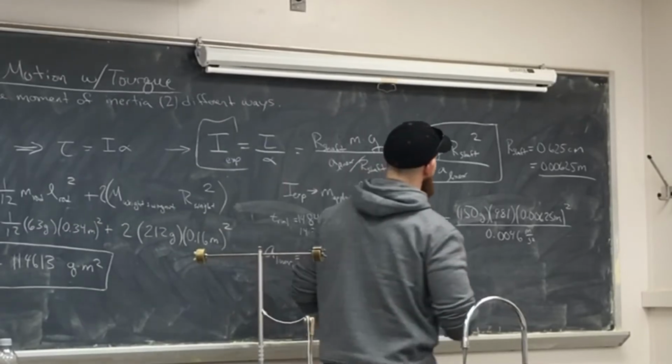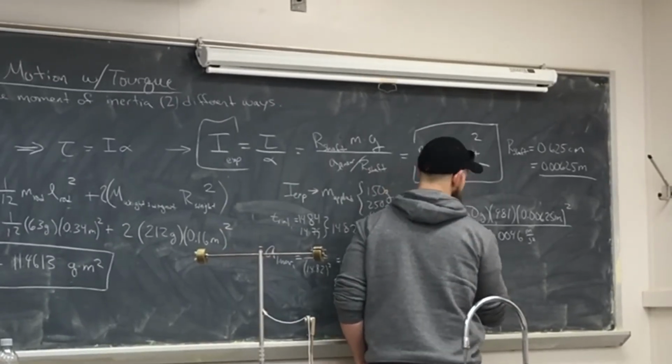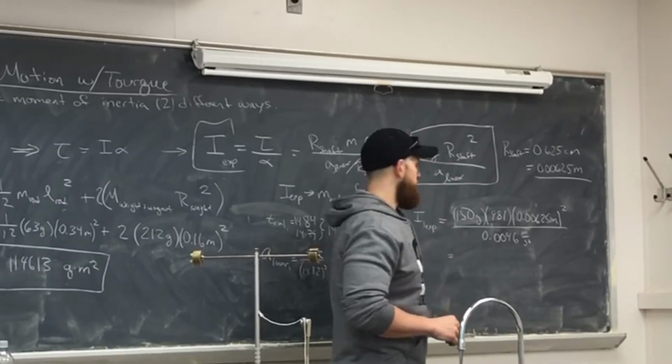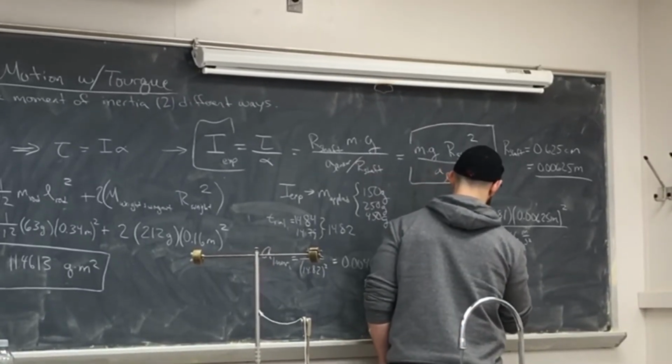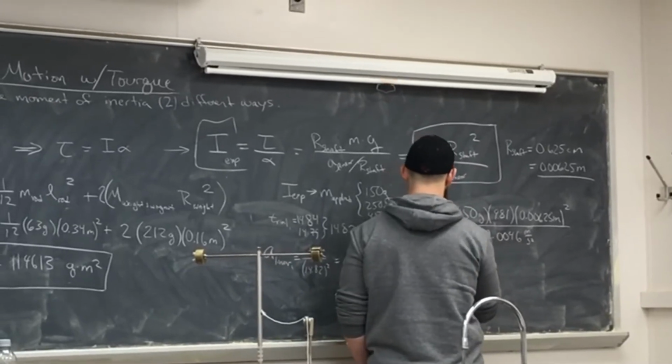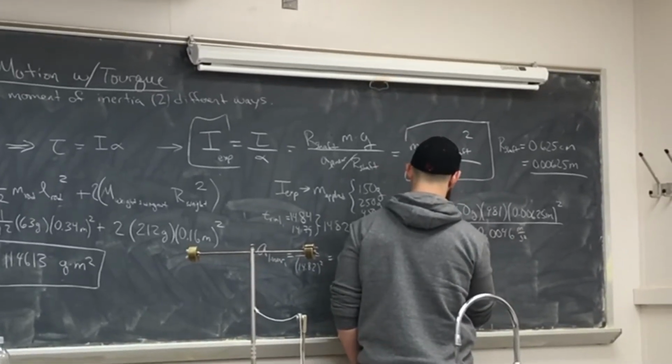Okay, well, we'll work with it. Do we have a consensus? 12.48, okay. So that is I1 experimental.